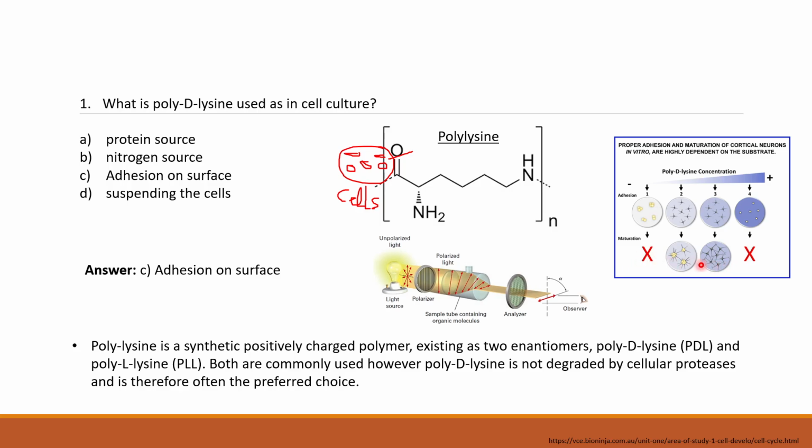Both are similar. In the least concentration there is no maturation. In the highest concentration also there is no maturation, because even though they have settled down, they are not properly adherent.